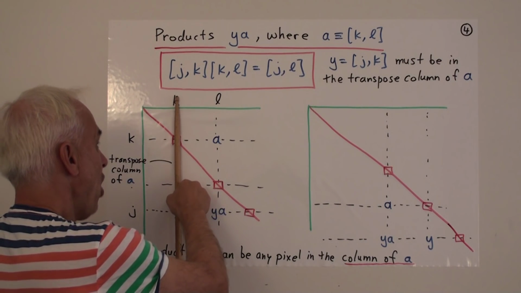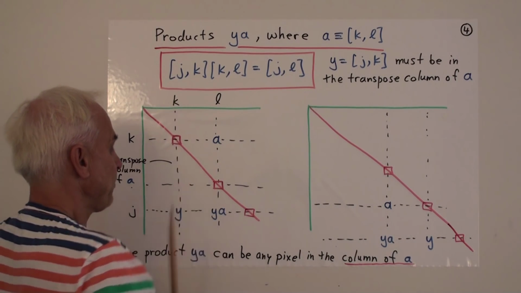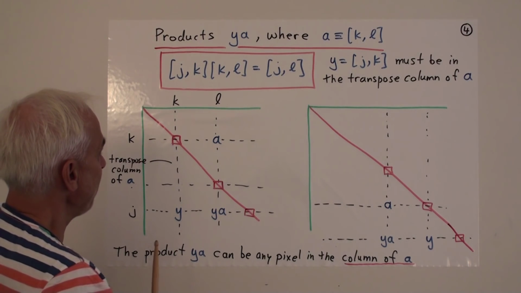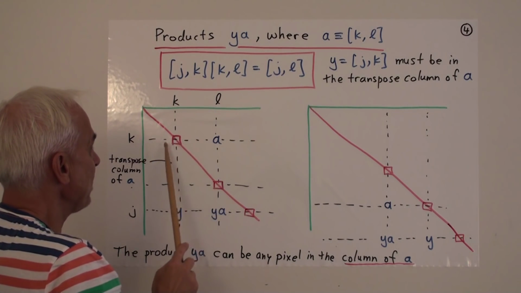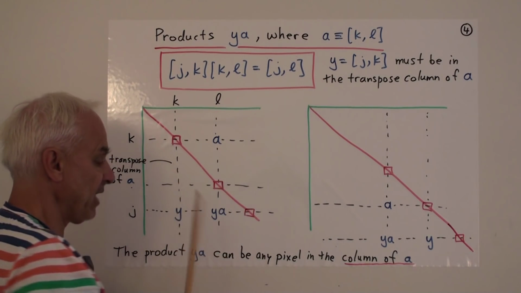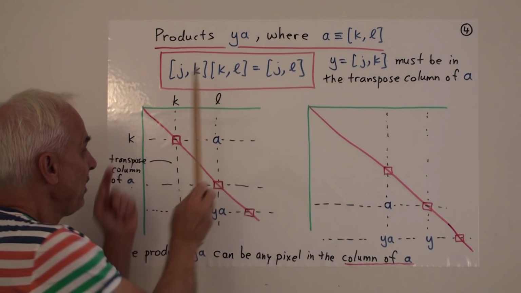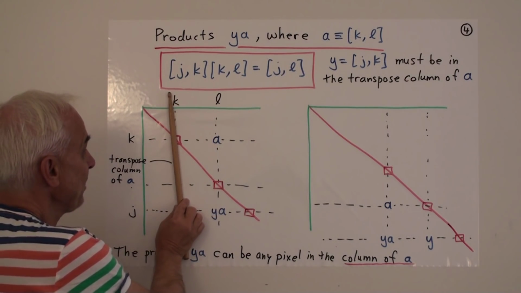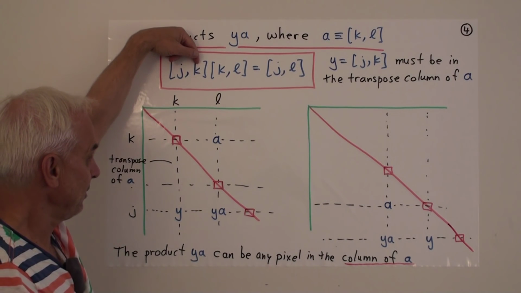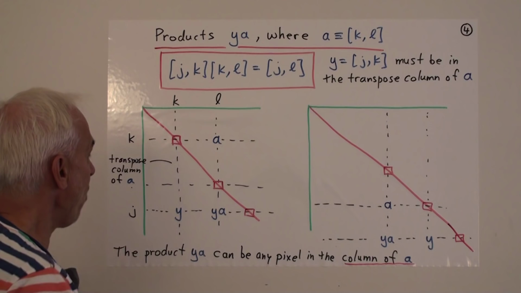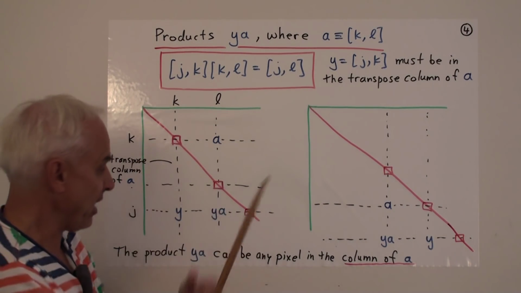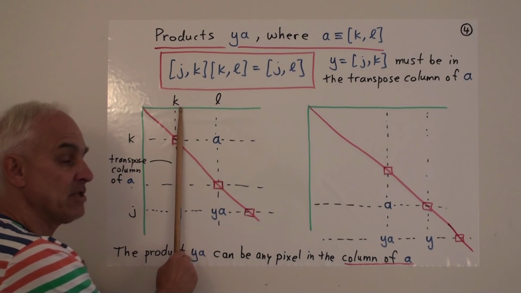Here's the transpose column of A. So this column here consists of things which have their second entry the same as the first entry of A. This is the row of A. It's everything that has first entry K. This is the transpose column of A. It's everything that has second entry K. So what we're saying here is that the Y that we're choosing to multiply with A, Y on the left, A on the right, has to be from this transpose column of A.